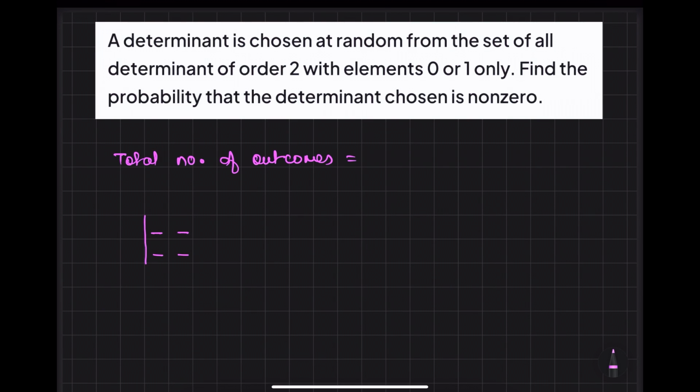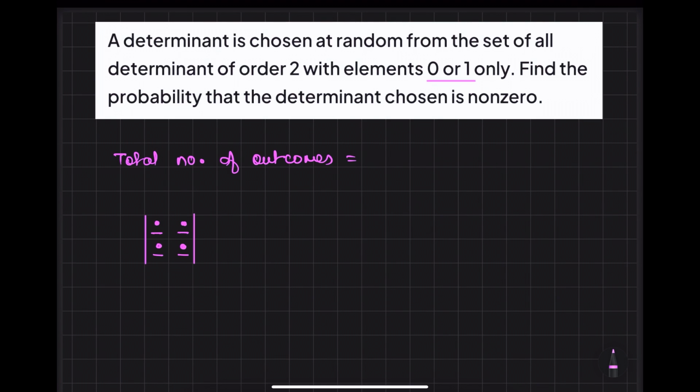They are talking about all such determinants made by the numbers 0 or 1. So, how many empty spaces do we have? 1, 2, 3, and 4. So we have 4 empty spaces.